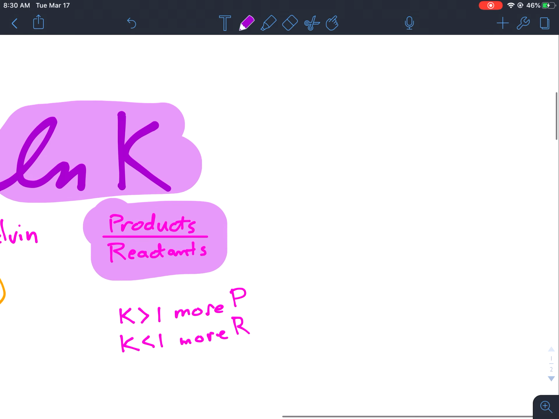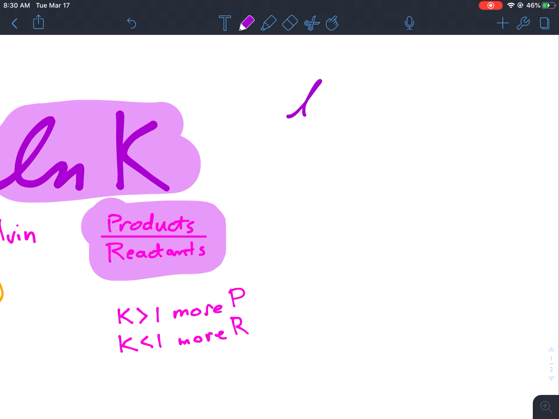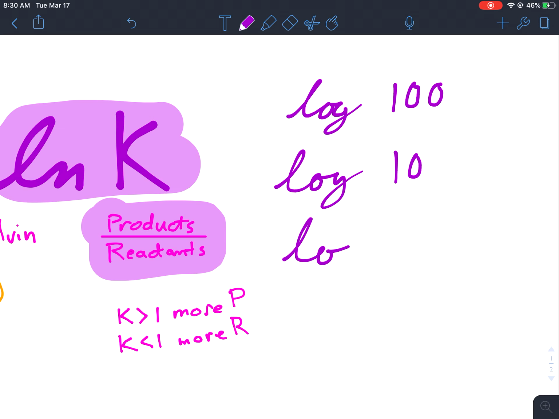So, okay, I want you to mess around with your calculator and take the log of a couple items, okay? If you take the log of 100, what do you get? If you take the log of 10, what do you get? If you take the log of 1, what do you get? And then if you take the log of, let's say, -1?